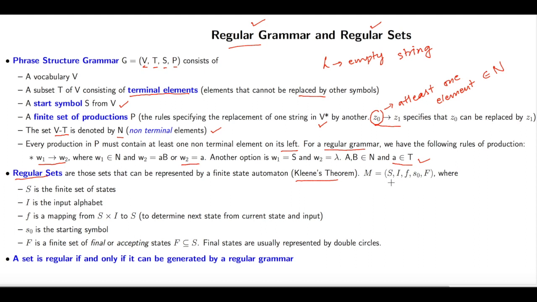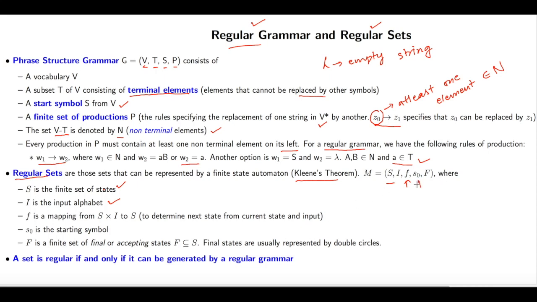We define it by S, which is a set of states. I is the input alphabet, the set of inputs. F is a mapping of S and I to S, so for each input and state, we can determine the next state from the current state and input.